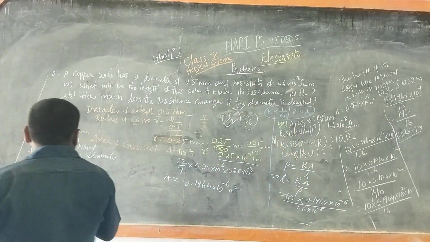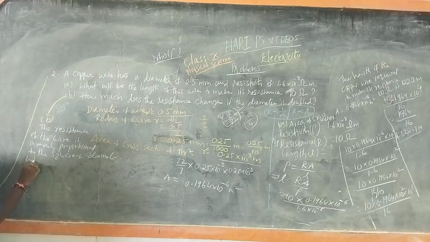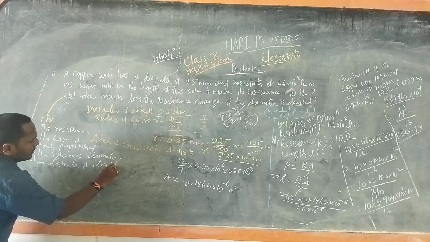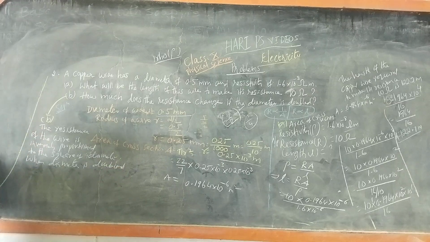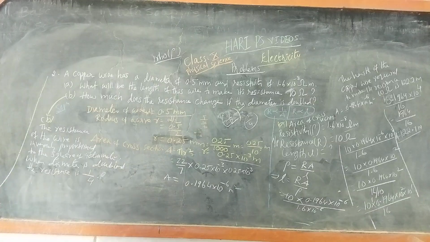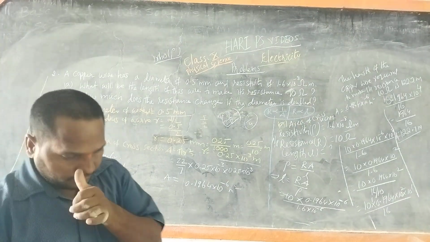So when the diameter is doubled, the resistance is 1/4.